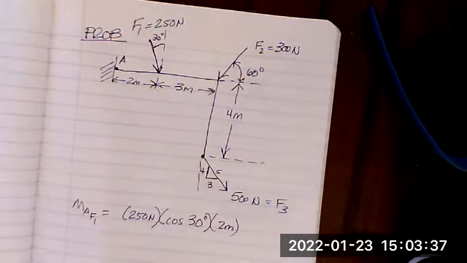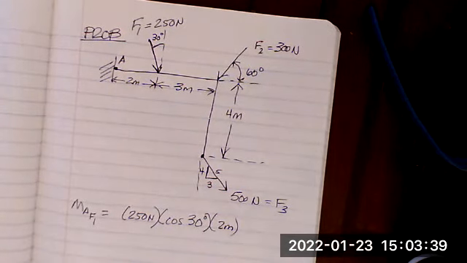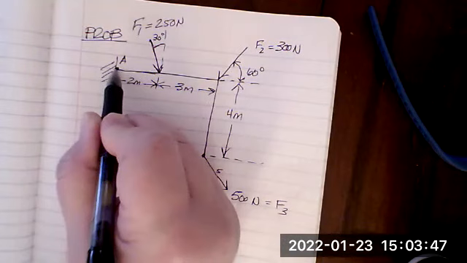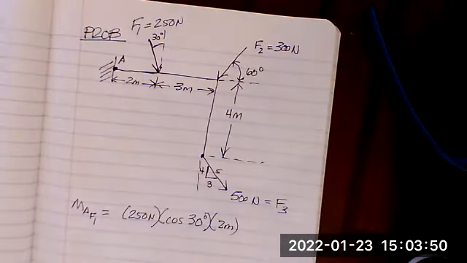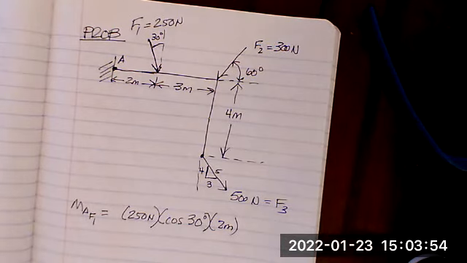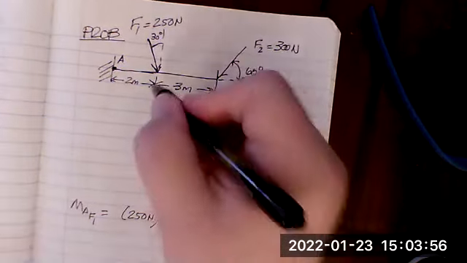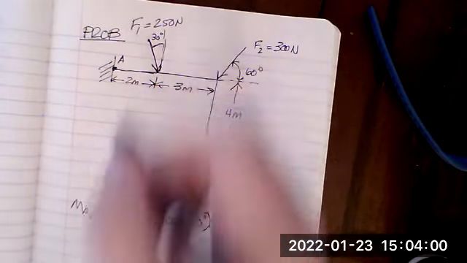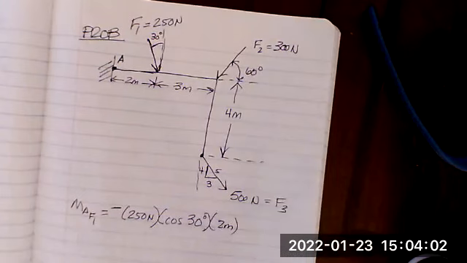Now, if we were live, I would ask you a question: how come the horizontal component doesn't contribute to the moment? Well, you can see that it's on this line and it's intersecting point A. So the horizontal component does not contribute to the moment. This component here would cause clockwise rotation, so it's negative.